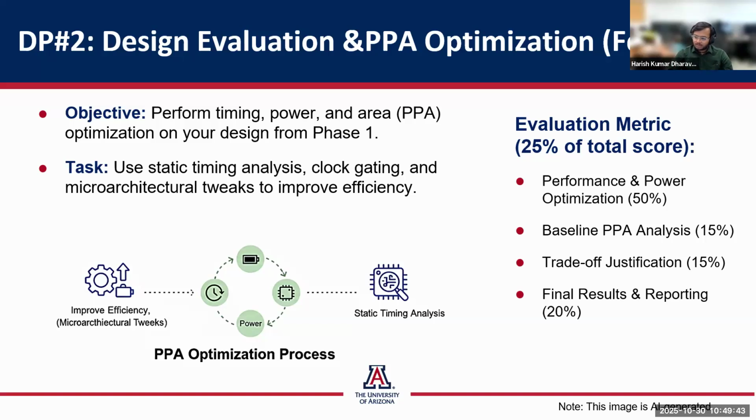We're also going to use that as a trade-off justification to show what the improvement is. So that's how we're going to grade it. And the final results and reporting are also based on your prompt quality, your design quality, and how much improvement there has been, or how optimized your design is compared to the previous design phase.